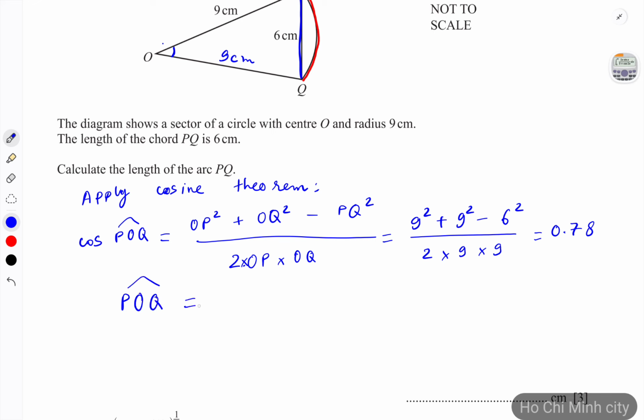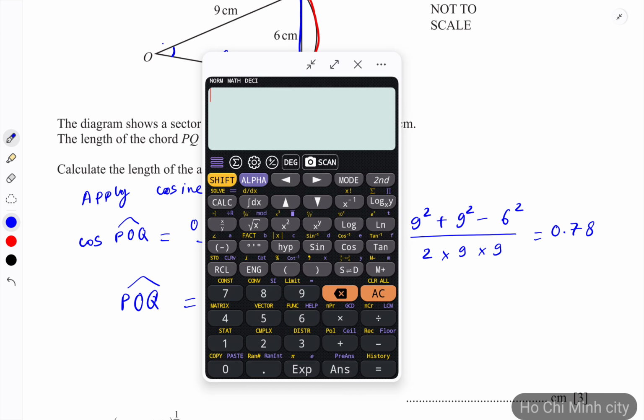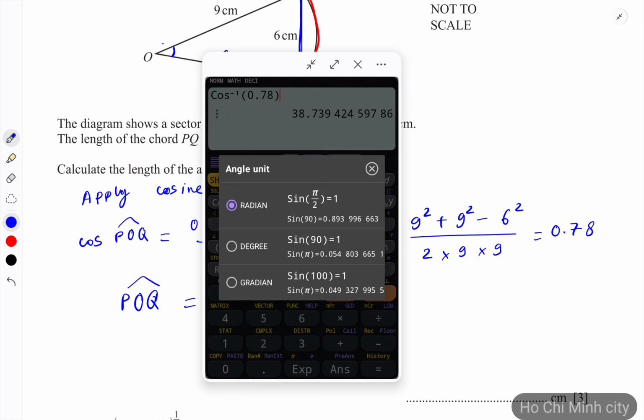And remember that we have to change the degree. All right, so we will shift, then cosine, and then 0.78. And remember to change your calculator setting to radian, because in the formula to calculate the length of the arc, we use radian.